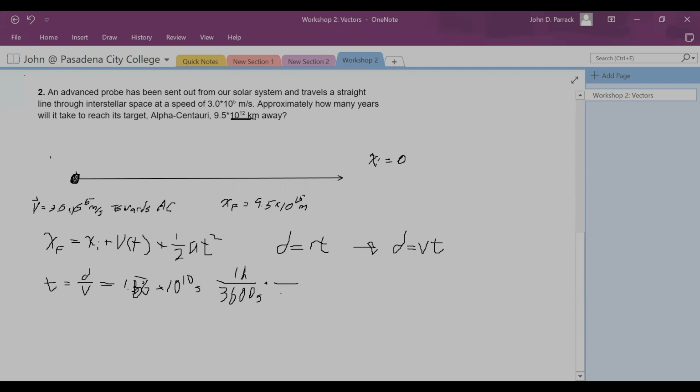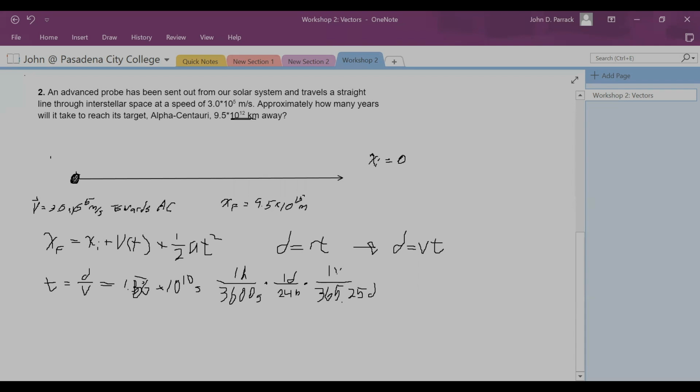And there are 24 hours in 1 day. Just doing the conversion long form so you can see it. 24 hours in 1 day. And then there are 365.25 days in 1 year.